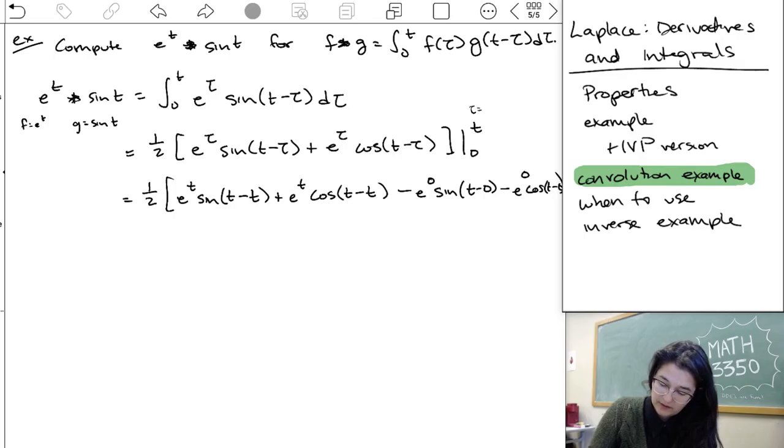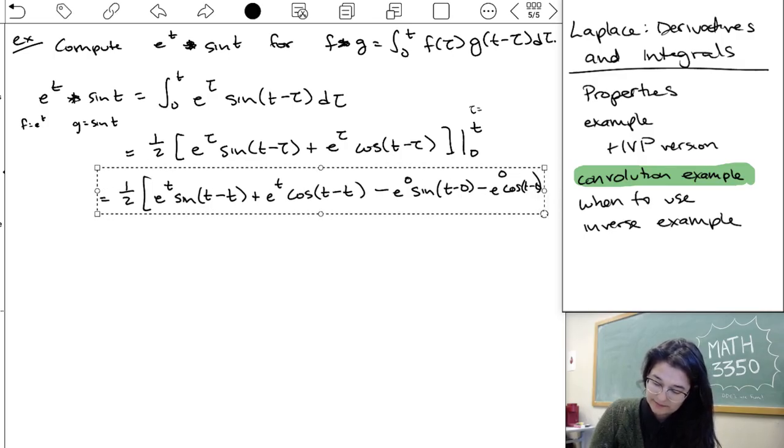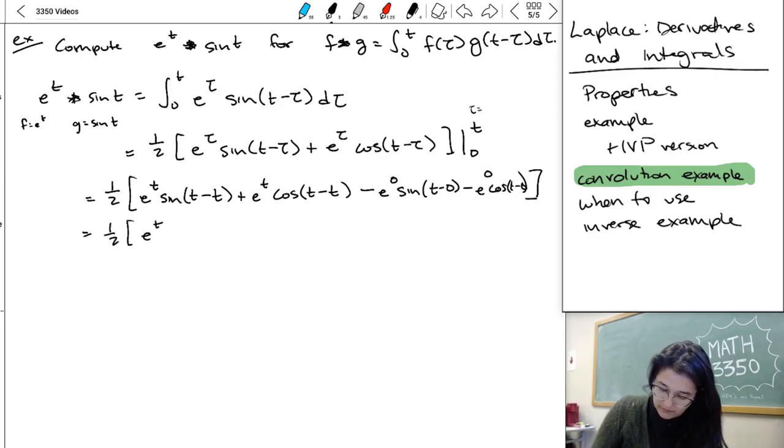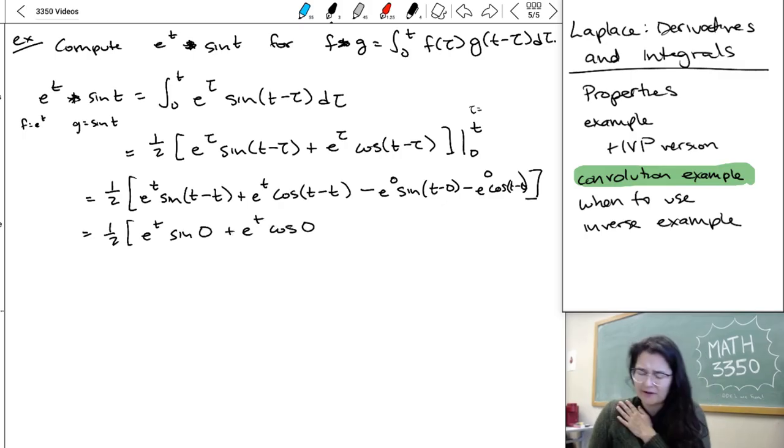I'm going to move that all over so I can put my last square bracket down. And then I'm just going to simplify this. So t minus t is 0. And then e^0 is 1.